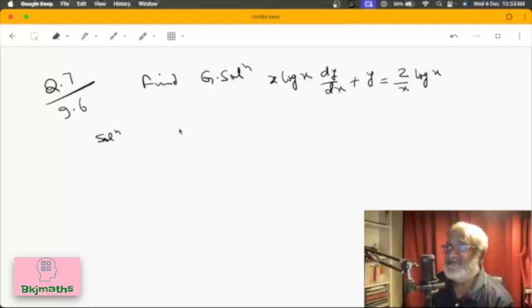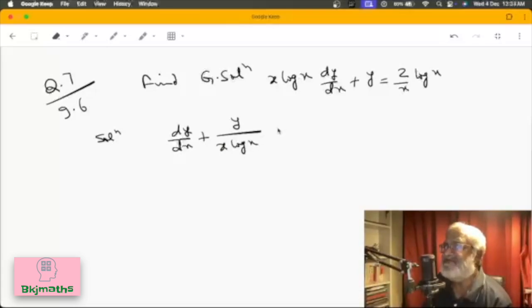So we may write it like this: dy by dx, x log x cancels, plus y upon x log x equals 2 upon x square log x, divided by x log x.